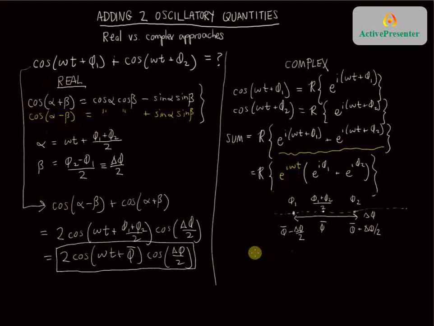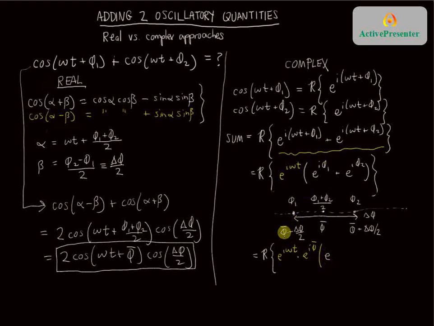I can now rewrite our expression up there as the real part of, okay, I already factored out the e to the i omega t. That was the easy part, and it's the benefit of using complex numbers. Now I'm going to factor out an e to the i phi bar also. And now what's left? It's just going to be e to the i phi 1.